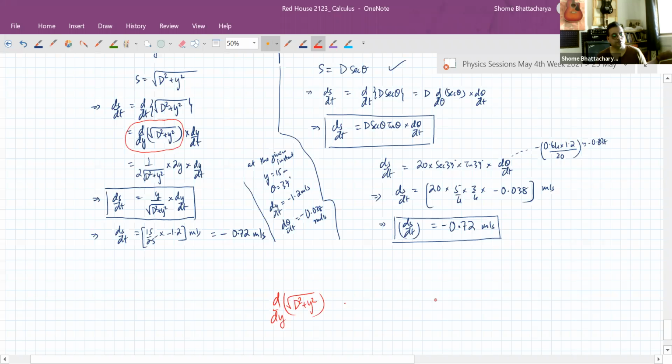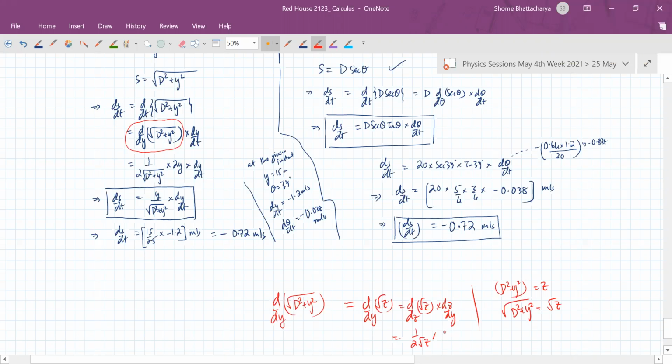Chain rule. So take d square plus y square as z. So then this square root of d square plus y square is root z. Okay, no? So this will become differentiation of root z with respect to y. So that is differentiation of root z with respect to z into dz by dy. Right now? Yes, sir. Okay.